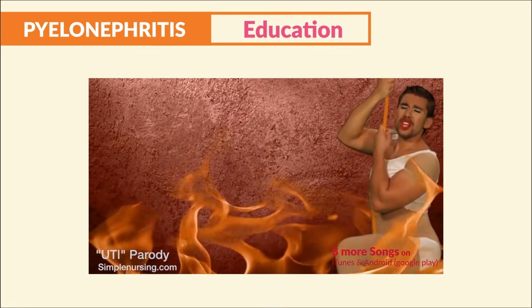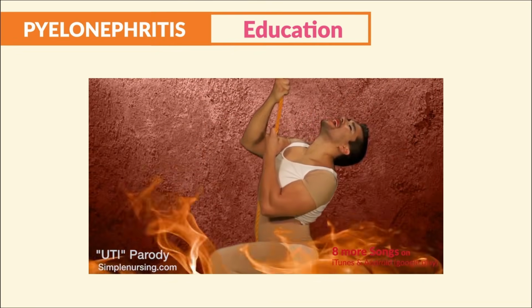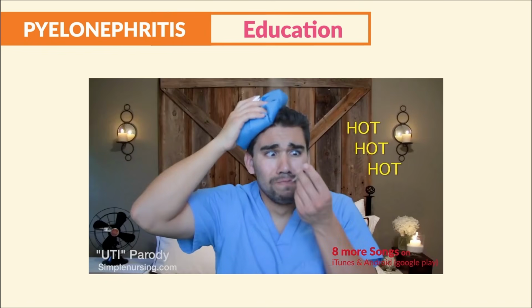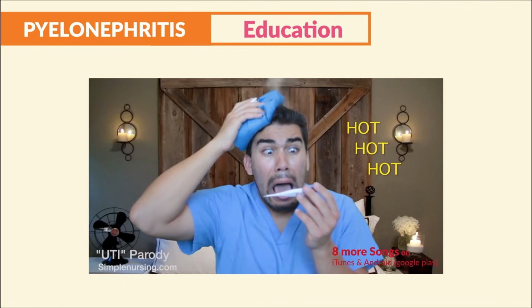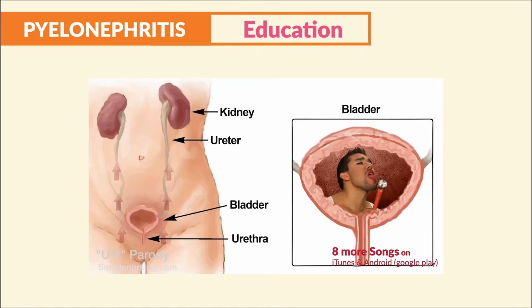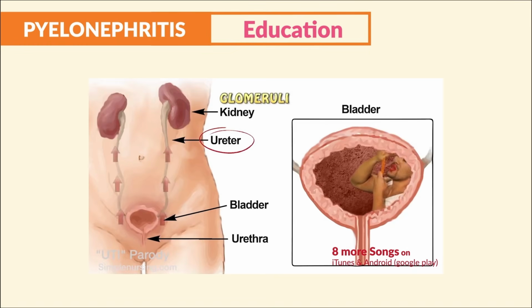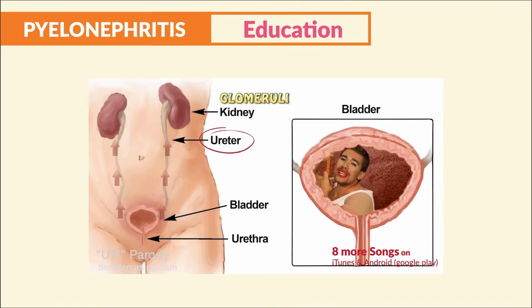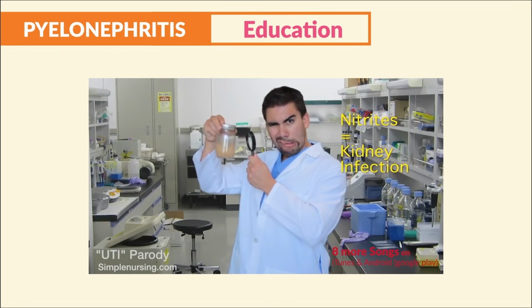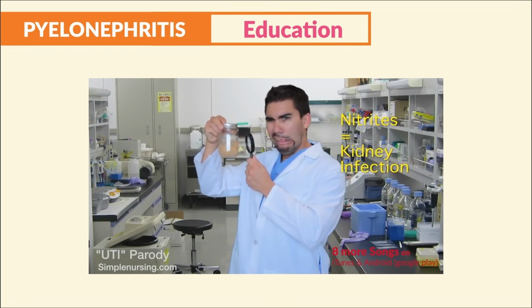I got this burning UTI, I wish I was afebrile, and now it's climbing the ureter. I got infected glomeruli, and now there's nitrites in my pee, and now it's really hurting.